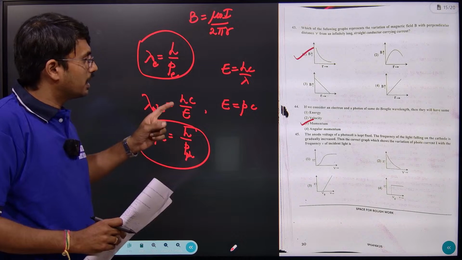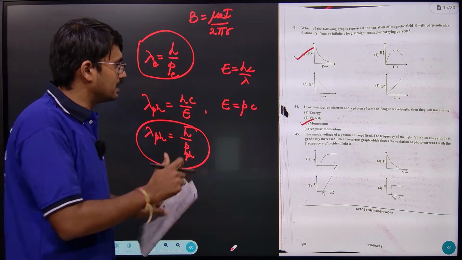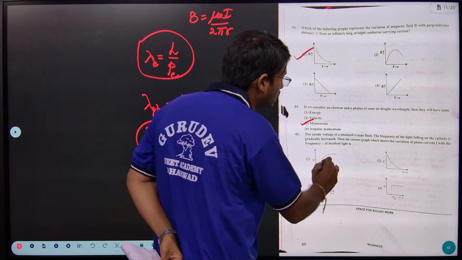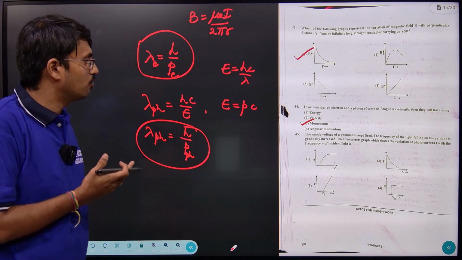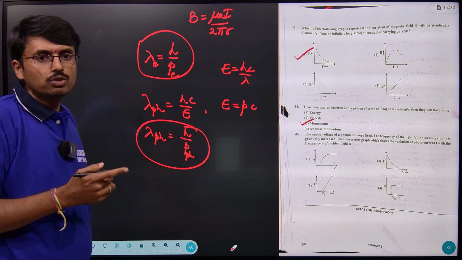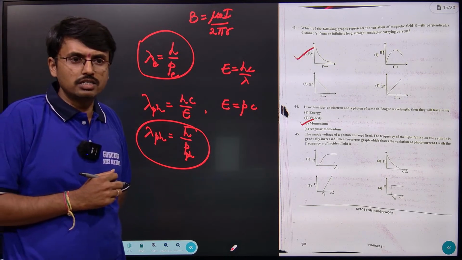Here is a question based on a photocell, and what is given is, if the frequency is increased, what happens to the current in that particular photocell. We have to apply the concepts we have learnt in the dual nature chapter.